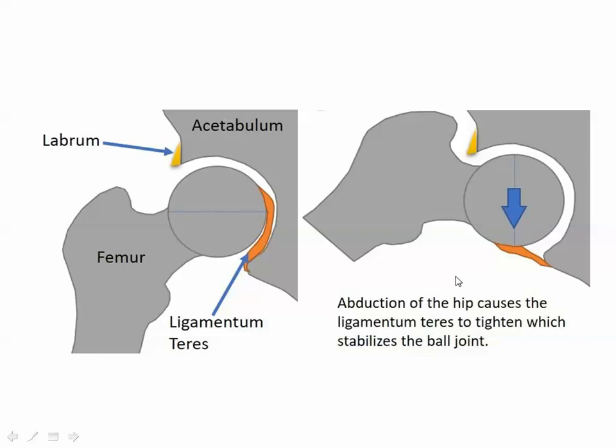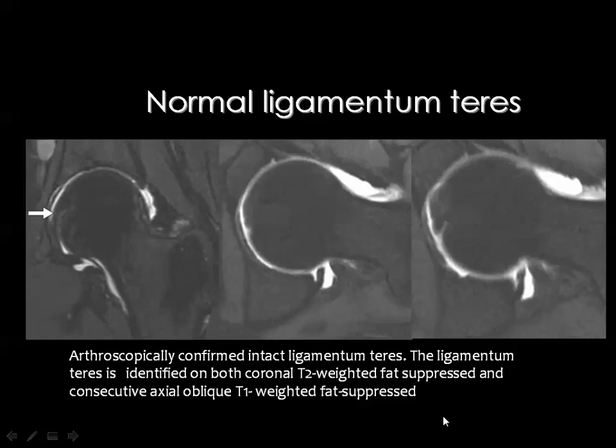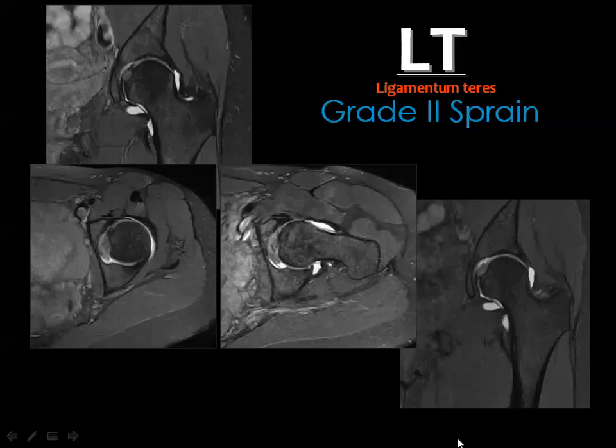Upon abduction of the hip, the ligamentum teres gets tightened and stabilizes the inferior aspect of the hip joint. And here, this is the normal appearance of the ligamentum teres in the coronal image, and also in the axial image you have a cord-like dark signal structure related to the fovea capitis.